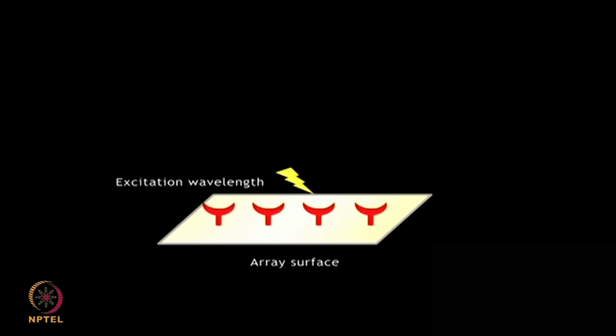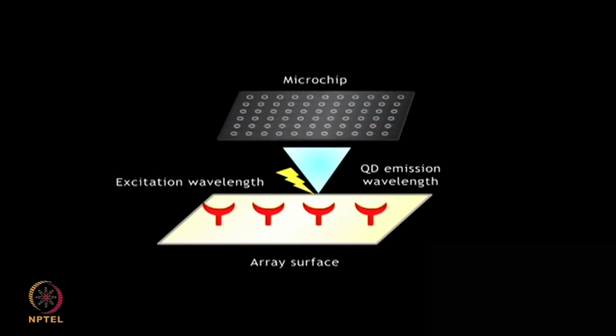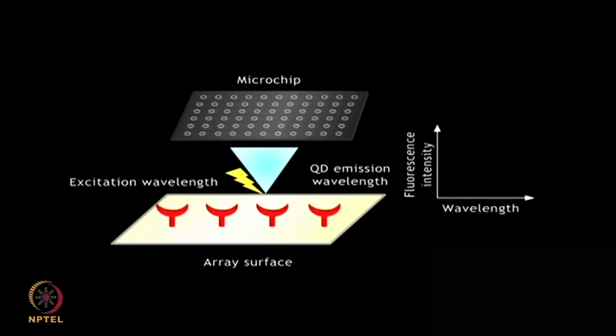Let us now look at this animation of quantum dots. The changes in the emission wavelength upon target binding of antibody conjugated quantum dots are recorded by the microchip and used for detection of various biomolecules.